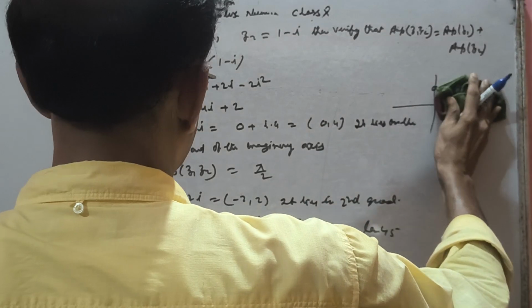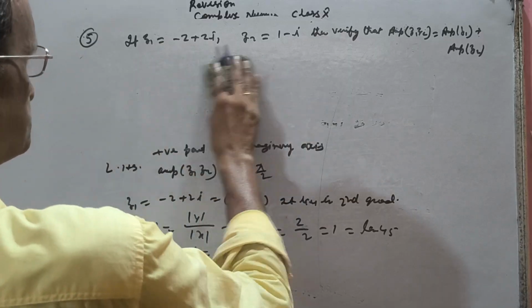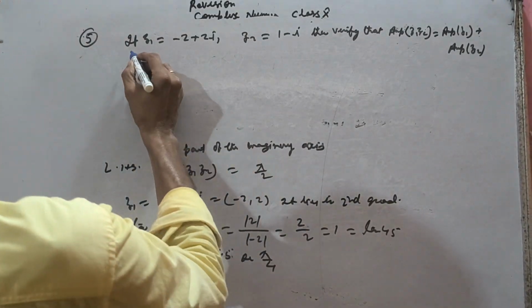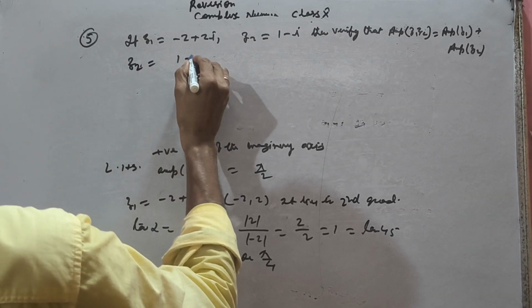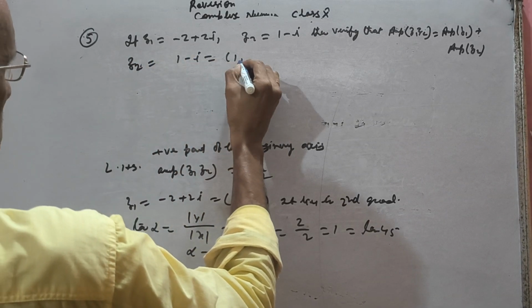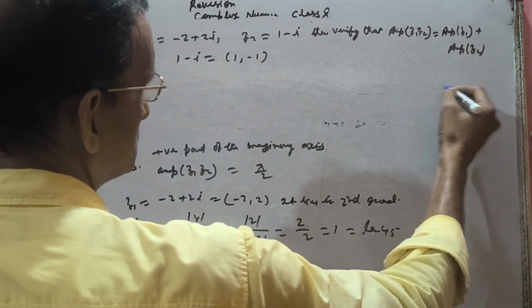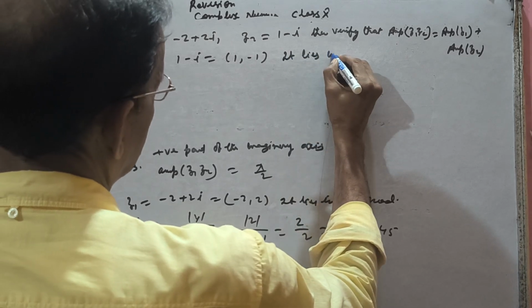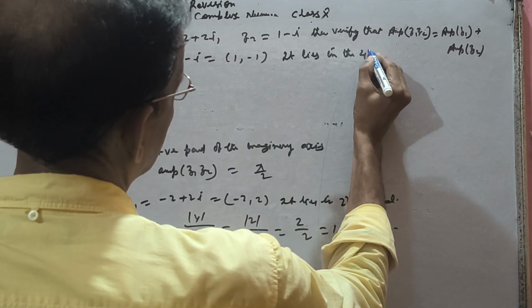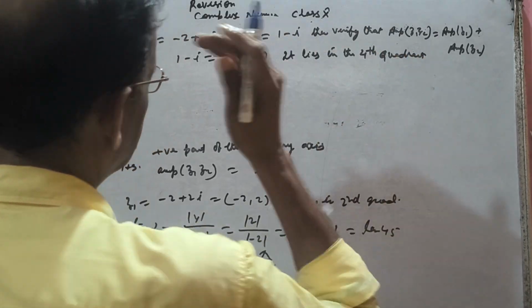Now this is all done, so not required now. So what is Z2 equal to? Z2 equal to 1 minus i, corresponding ordered pair (1, -1). It will lie in the fourth quadrant. Okay.